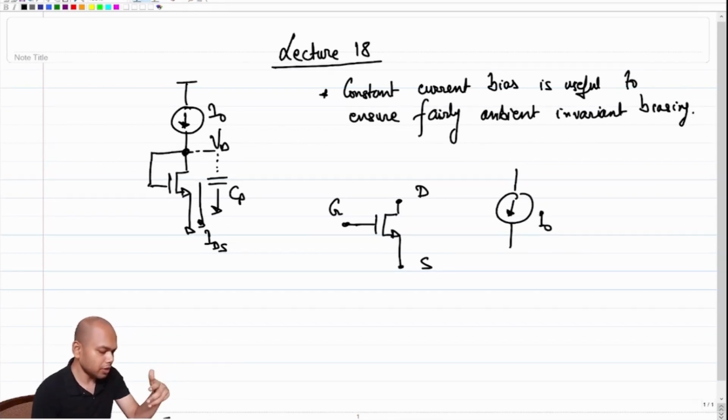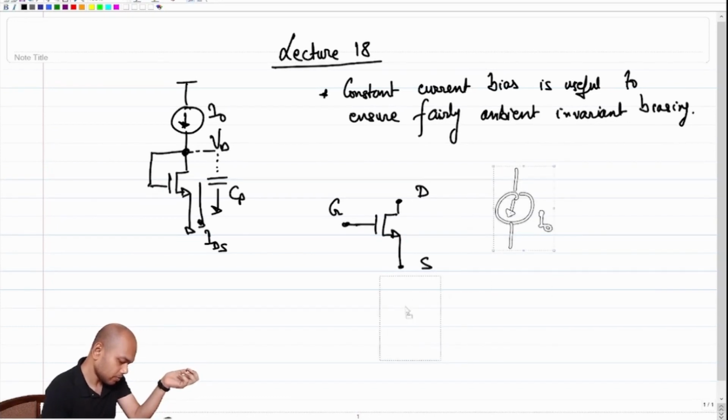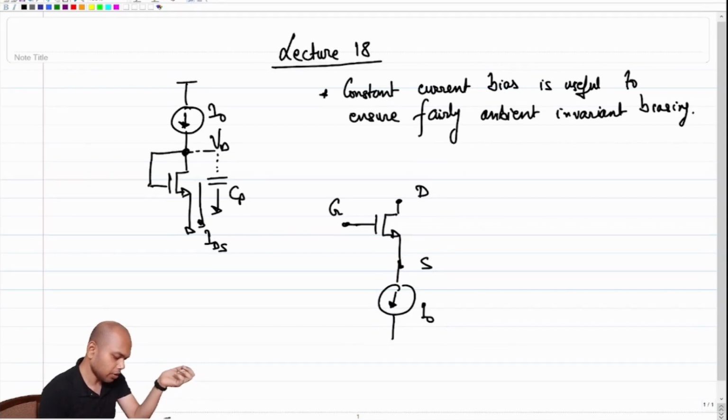What are the possibilities? Where can I connect this I naught in order to ensure that the drain to source current of the transistor is equal to I naught? One obviously is at the drain, the one that we explored. What is the other option? The other option obviously is to connect it at the source, right?